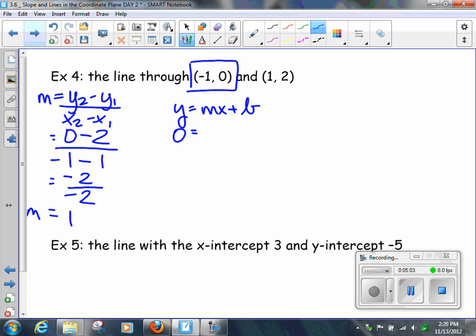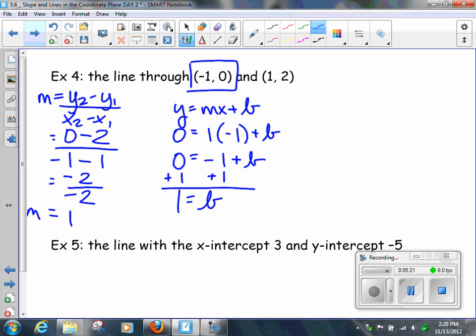My slope, my m is 1. My x value is -1. And I get 0 equals -1 plus b. Now what? Add 1 to both sides. And I get b is equal to 1.